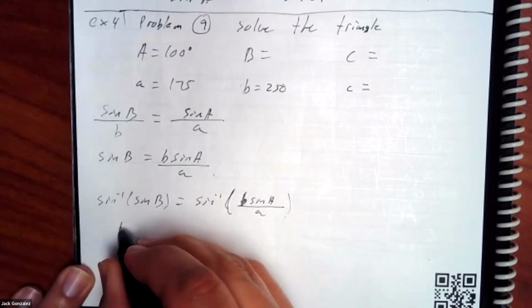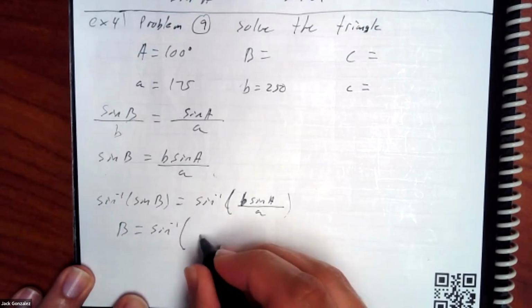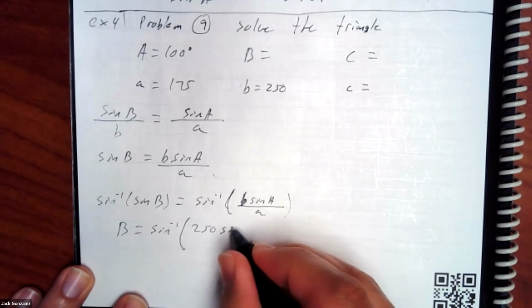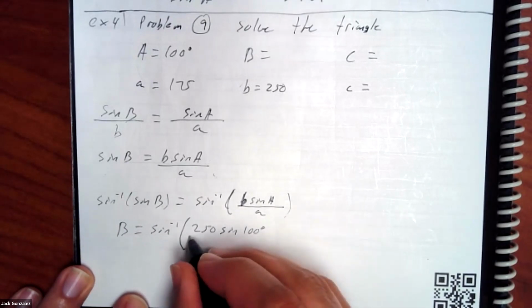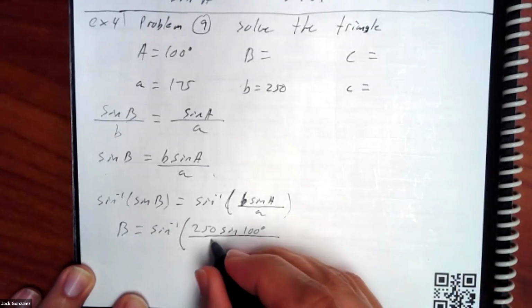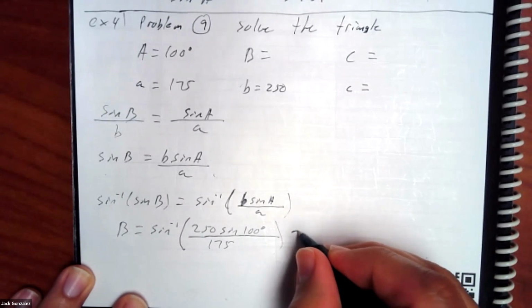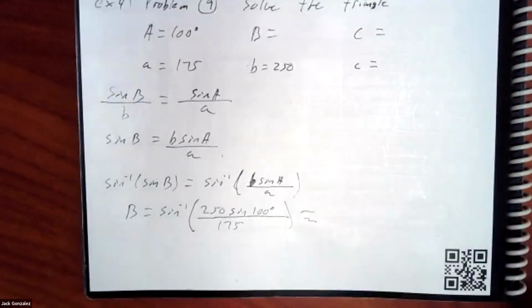All right, plug it in. Capital B would be sine inverse of 250 sine of 100 over 175. So plug that into your calculator and you should see the problem. Or maybe you can see it now, I don't know.